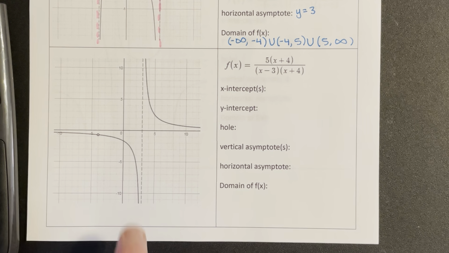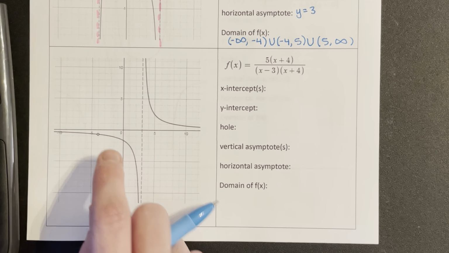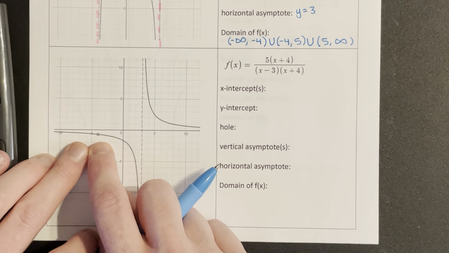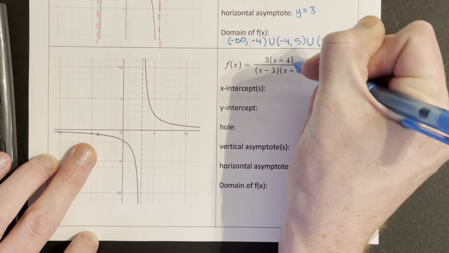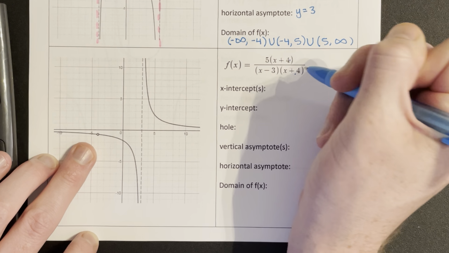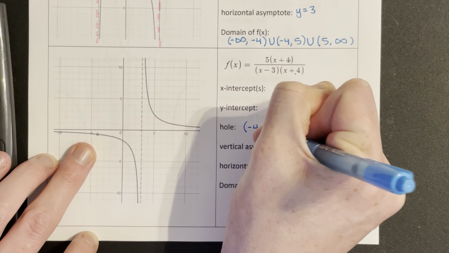When we look at this second graph, this is what we're talking about, there being a hole in the graph. Now, this is not always apparent, but if we have the equation, we know that it's true. That hole is coming from where there's a common factor on the top and bottom of the rational function. So this hole is going to happen at -4.